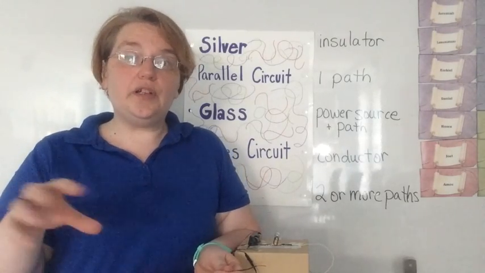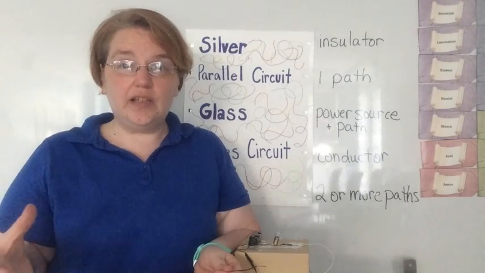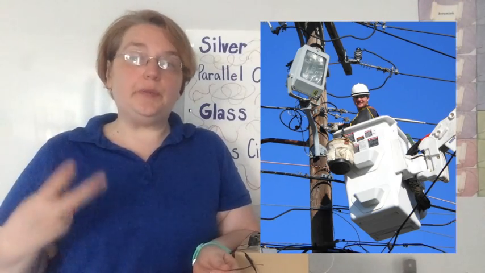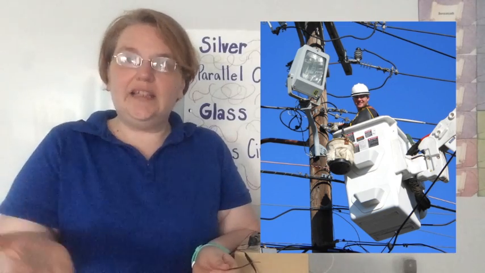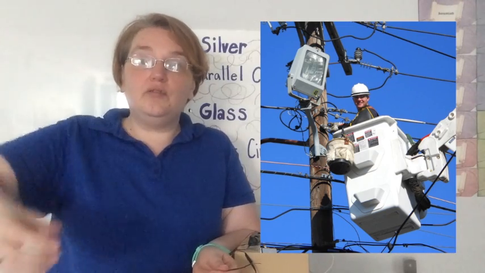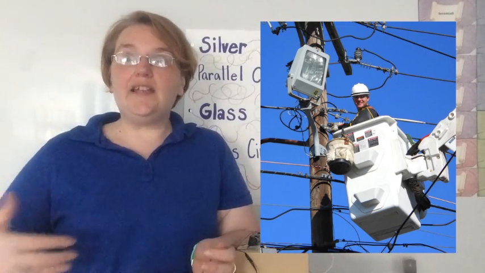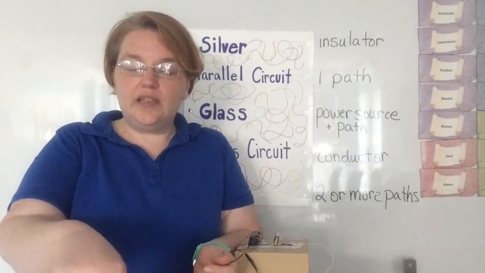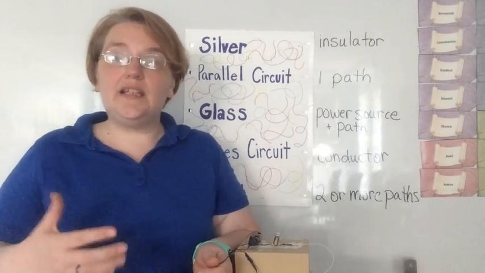So people who work with wires, electricians, cover themselves with things like rubber or plastic. The box that lifts them up to fix power lines is made of fiberglass. The covering in your book, the coating on these wires, that's an insulator.